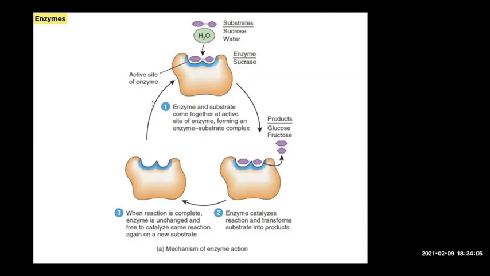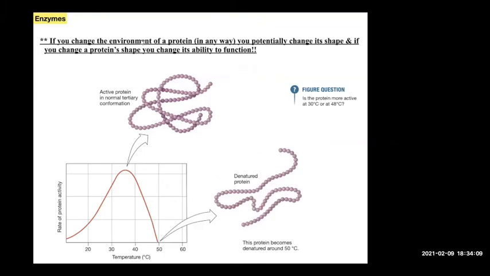So this shape over here, the important point when you get along here, maintaining pH homeostasis and all that, is that if you change the environment in any way or the temperature of your body, your temperature or your pH is going to affect the activity of these enzymes, which could mean life or death. So in this graph right here, it's showing the enzyme activity according to temperature.